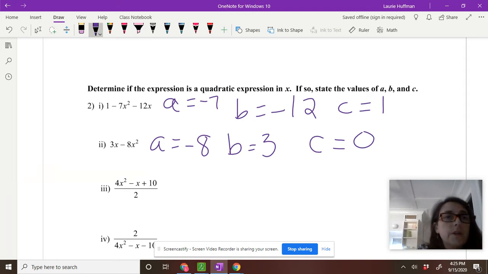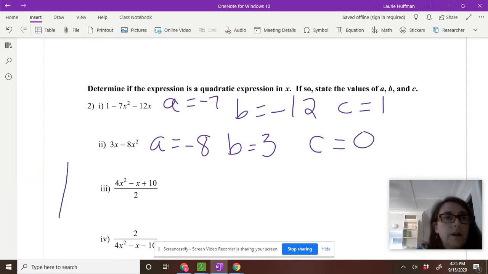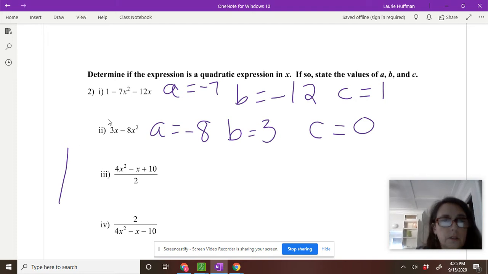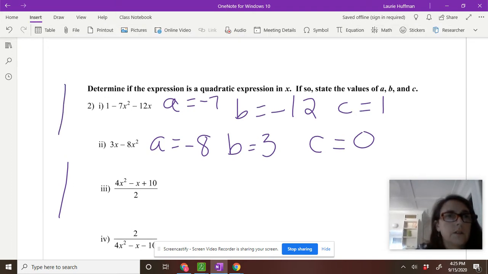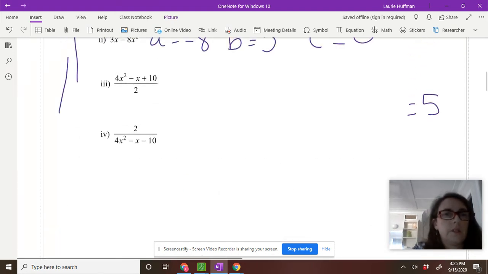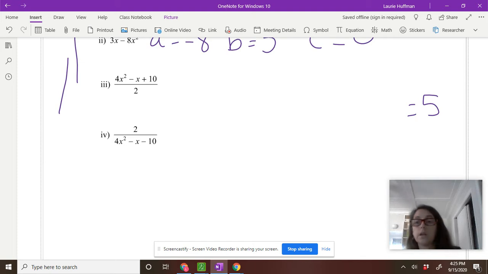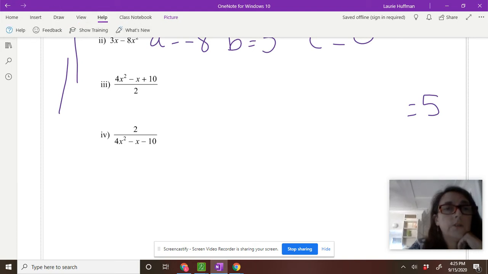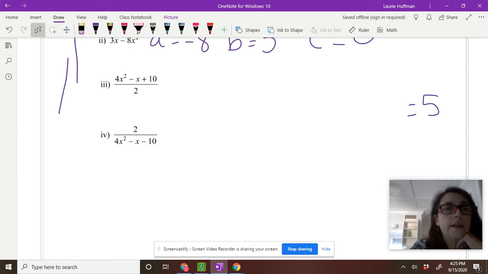In number 3, like I said, this is not working that great. I have what is almost like a quadratic function, but I have that denominator. What I can do, though, is go ahead and divide every term by 2.